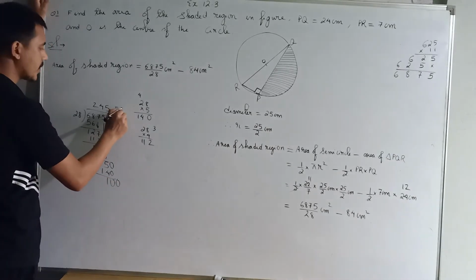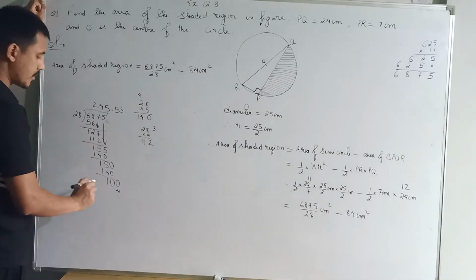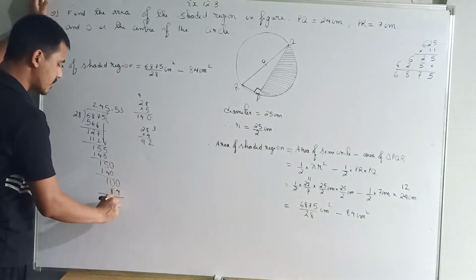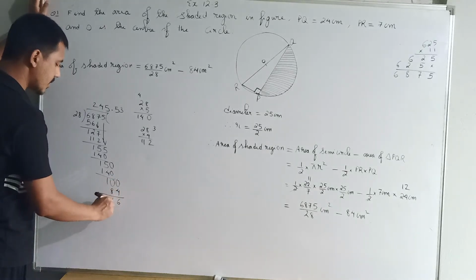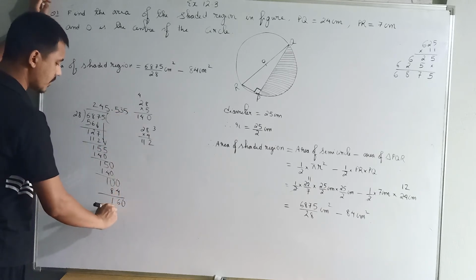Let me go for 3 times. 3 8 times is 24, 2 carry, 3 2 times is 6, plus 2 8, 10 minus 4 6, 9 minus 8 1, we have decimal, so 0, 5 times is 140.